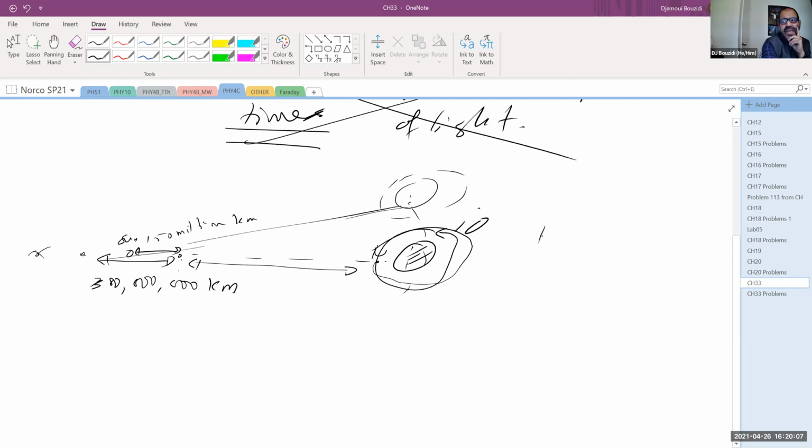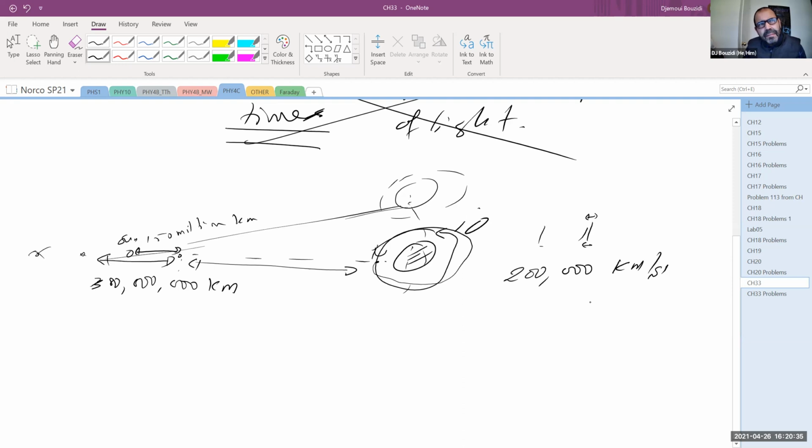He looked at the data and compared the shift to the distance traveled, so now you have a difference in time between the period now and the period 6 months earlier. So he was able to find an estimate of about 200,000 kilometers per second for the speed of light.